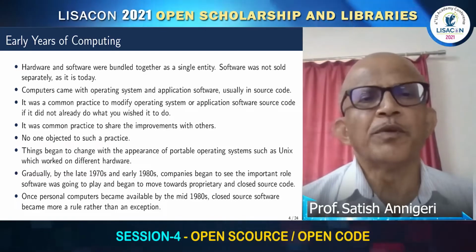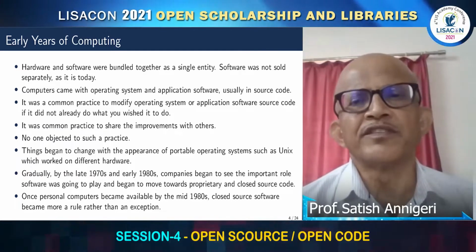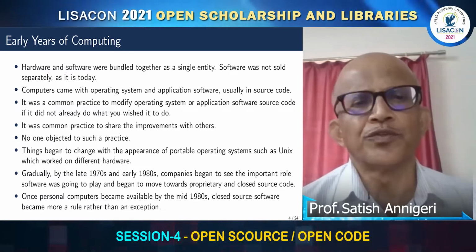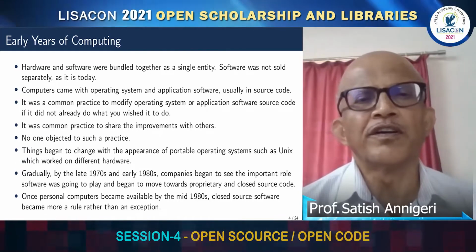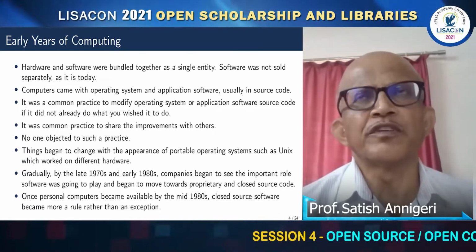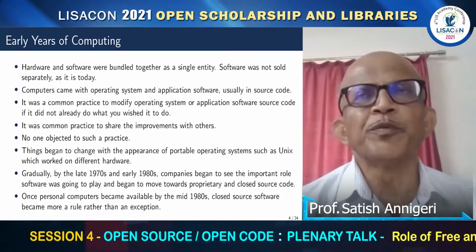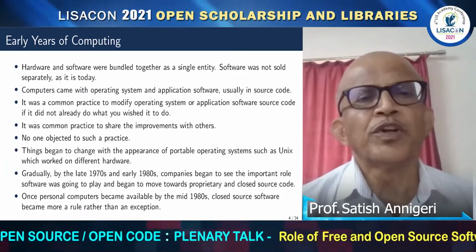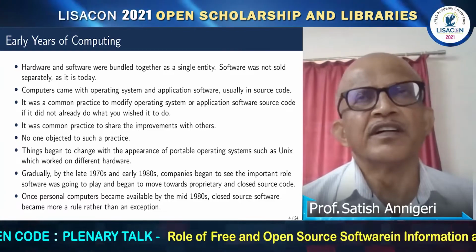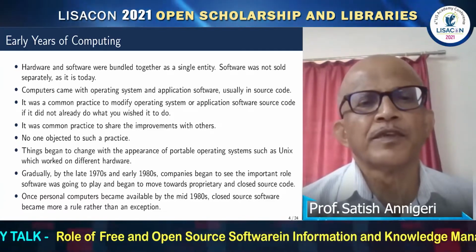It was a common practice to modify the operating system or the application software source code if it did not already do what the end user wished. It was a common practice to also share the improvements with others. No one objected to such a practice in the early years of computing.